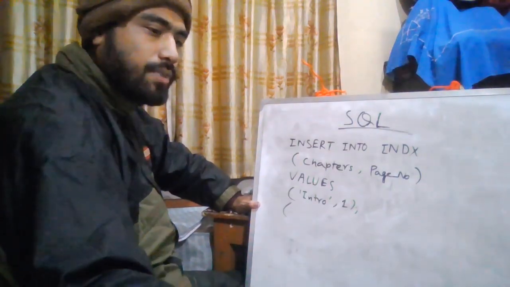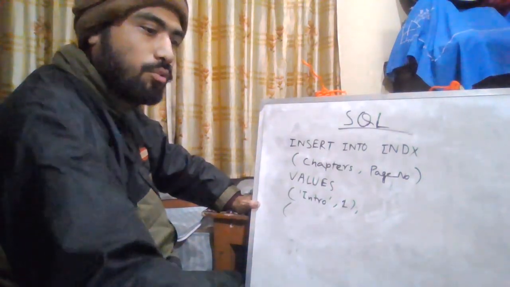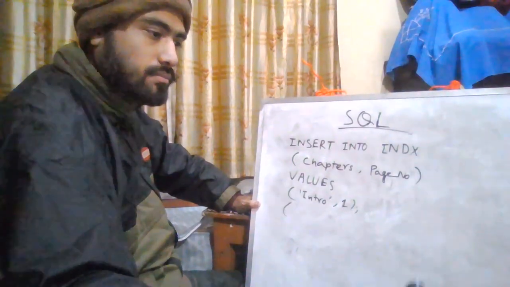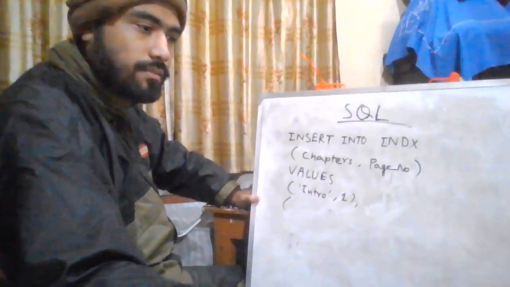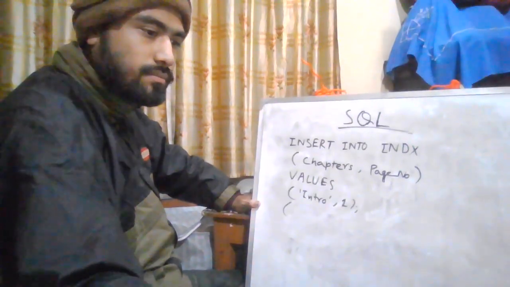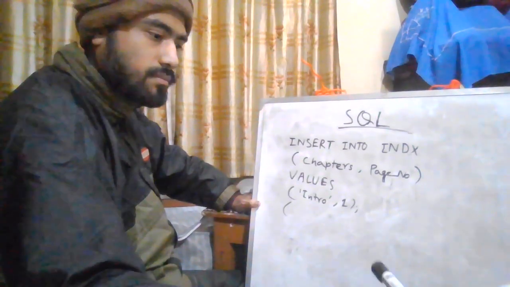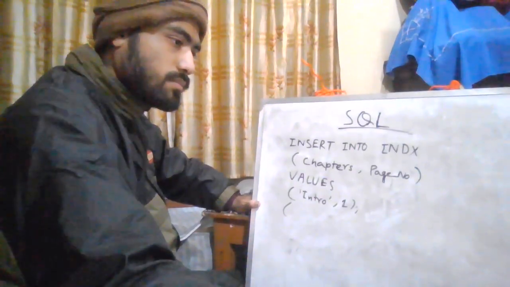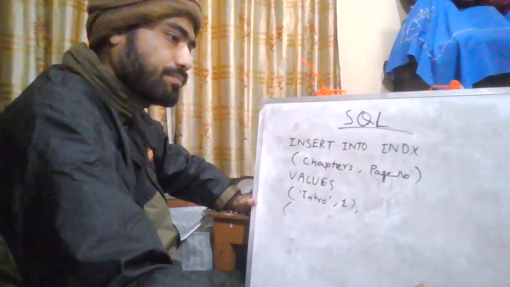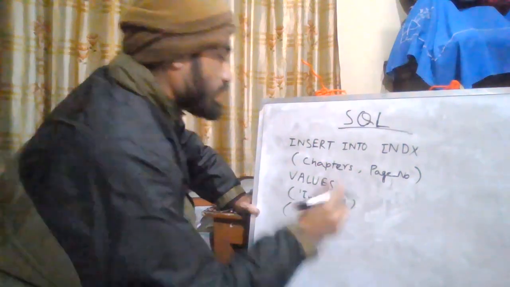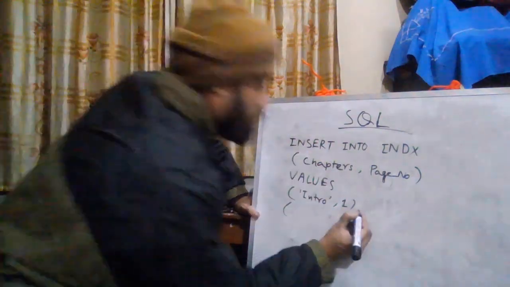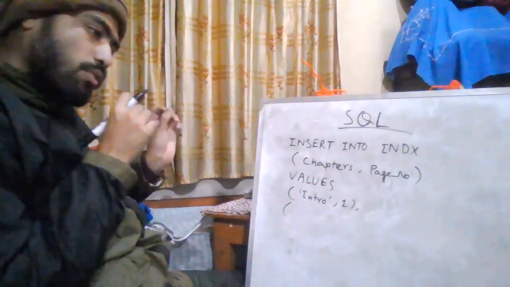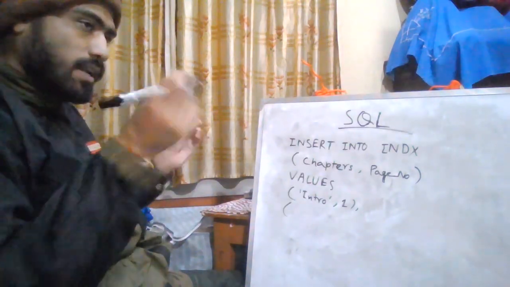After inserting each and every record, you have to write it inside a bracket, and the records are also comma separated.